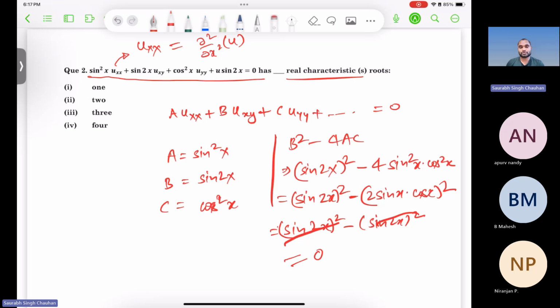So when this is 0, then which type of equations are these? Elliptic.